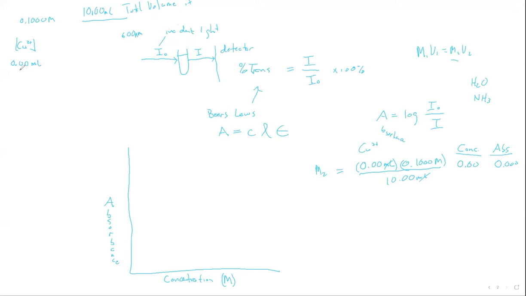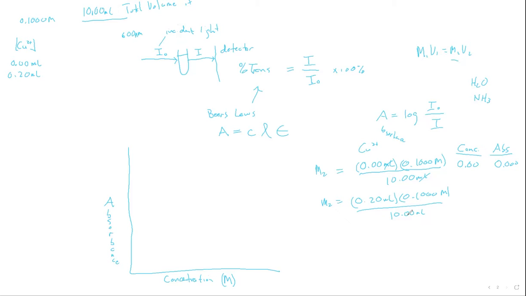The next test tube has 0.2 milliliters of the copper 2+. So M2 is going to be equal to 0.2 milliliters times 0.1000 molar divided by 10, because every test tube will have 10. I need my calculator.